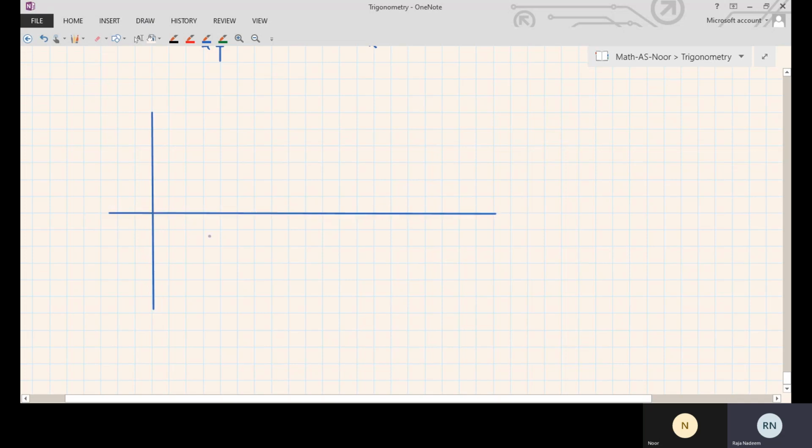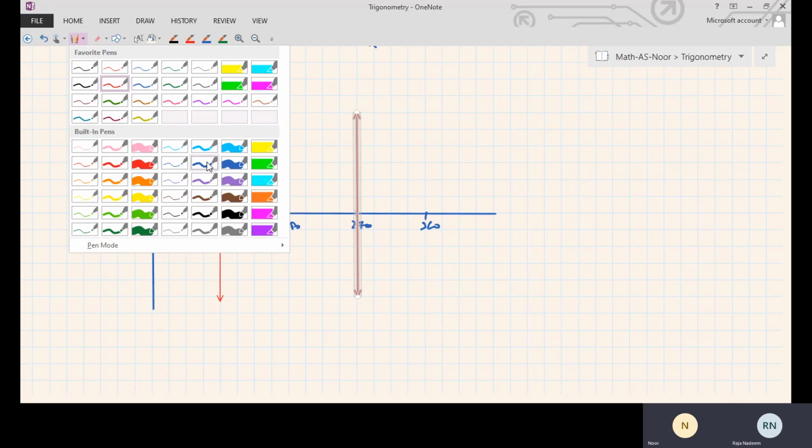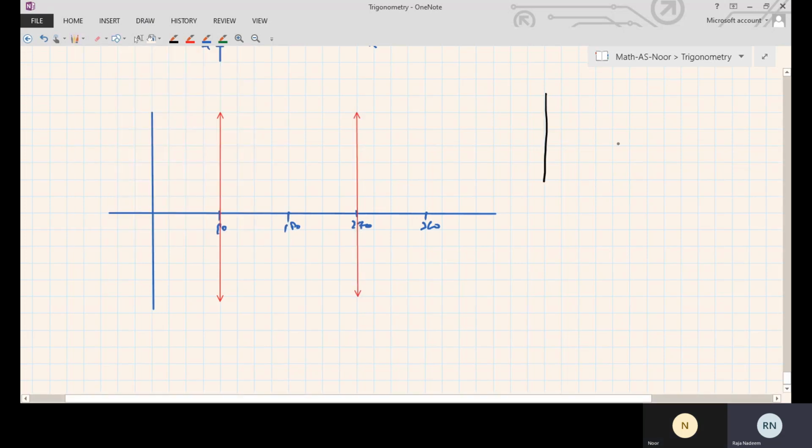So in the case of tan, 180, 270, and 360. Whenever you draw the graph, you draw some lines at which your graph will give you infinity or math error, and math error would be at these angles. Then we know the shape of the graph for tan: one curve would be this one, and this is the dotted line, and this would be the second curve.